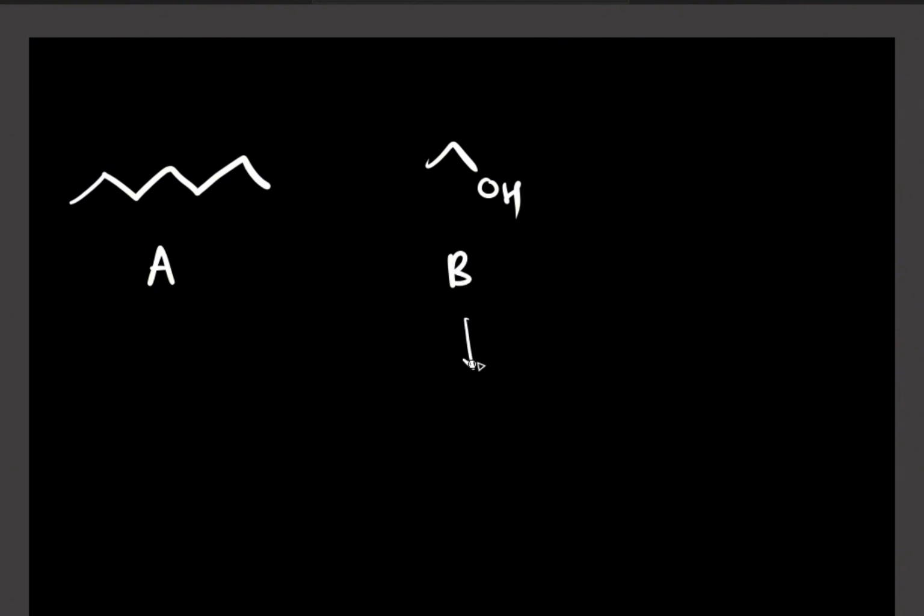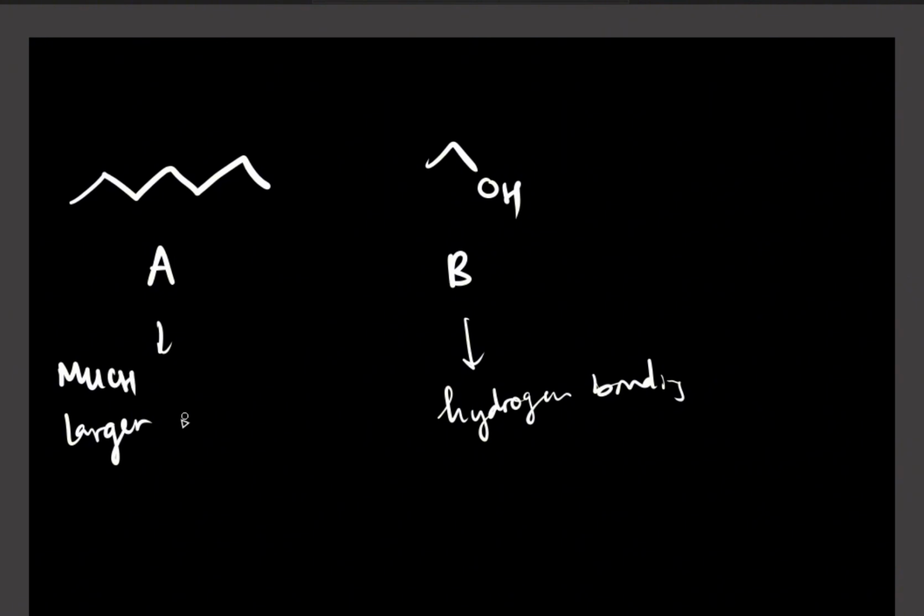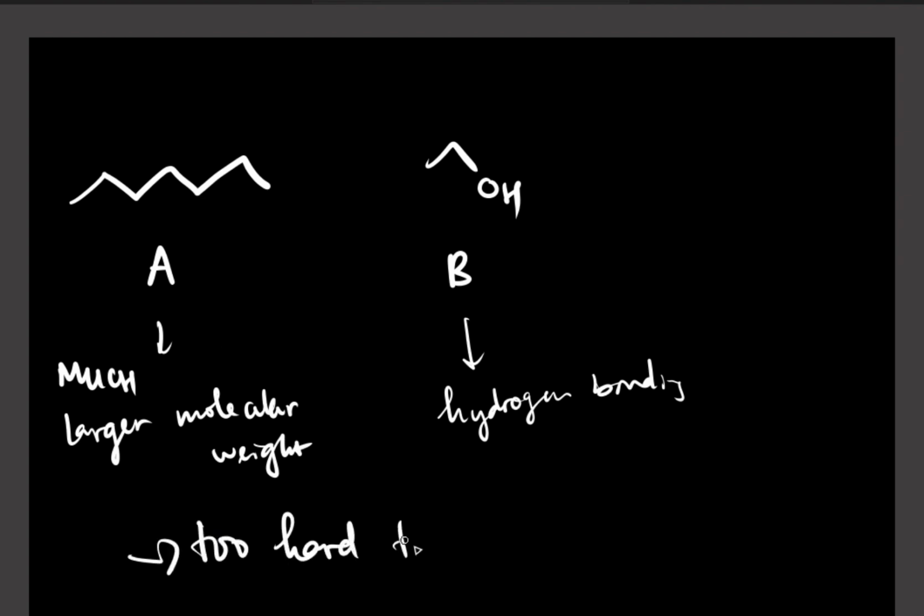Even though B has hydrogen bonding and A only has London dispersion forces, the molecular weight of A is much larger. So this is way too hard to predict, and in this case, I think the best way to determine is to conduct some experiments.